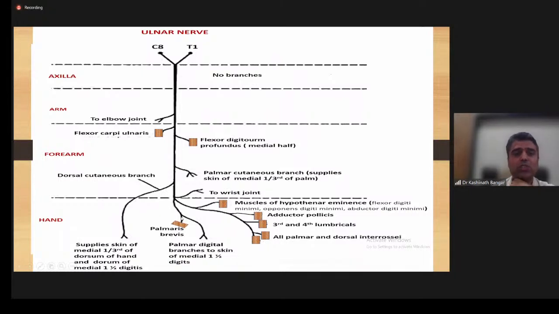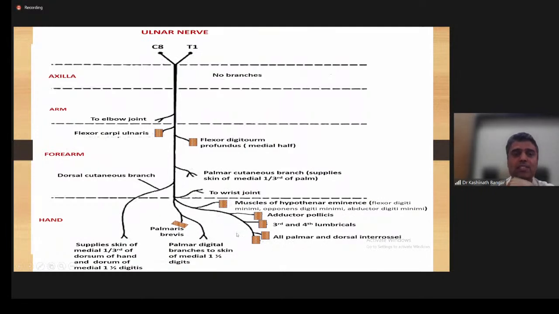When it enters the wrist, it gives branches to the wrist joints. It supplies the medial third of the dorsum of the hand and the dorsum of the medial one and a half digits. Palmar digital branches go to the medial one and a half digits. It also supplies all palmar and dorsal interossei, third and fourth lumbricals, adductor pollicis, and muscles of the hypothenar eminence.